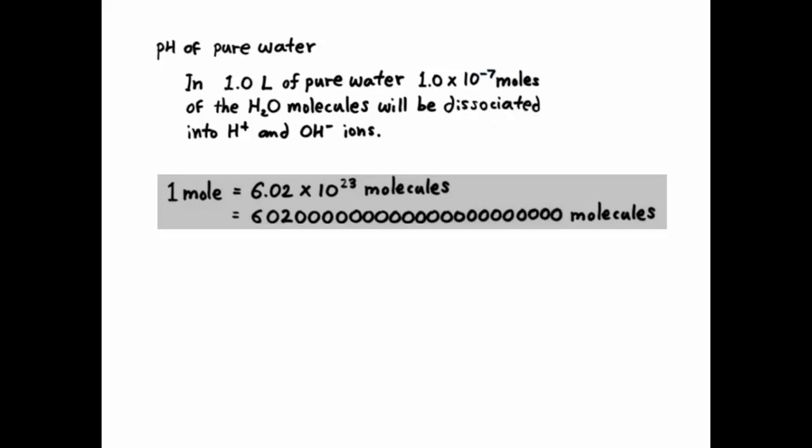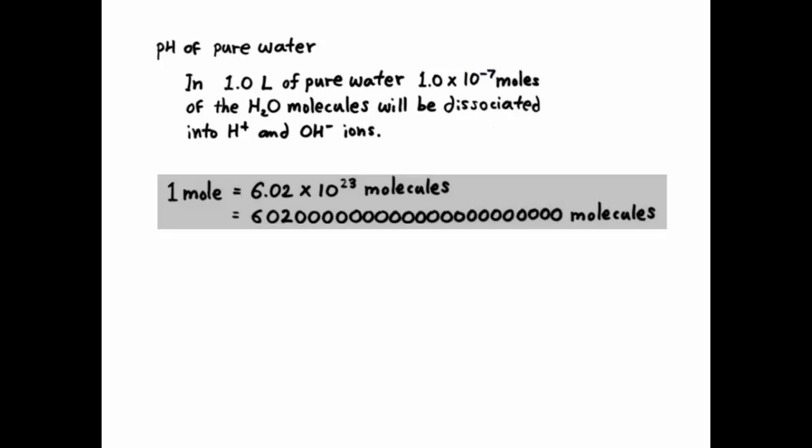If you're unfamiliar with the molarity concentration descriptions, let's have a quick review of chemistry. 1 mole is equal to 6.02 times 10 to the 23rd items or objects, or in this case molecules. If we write out the entire number with all the zeros instead of the scientific notation, you see how big of a number this is.